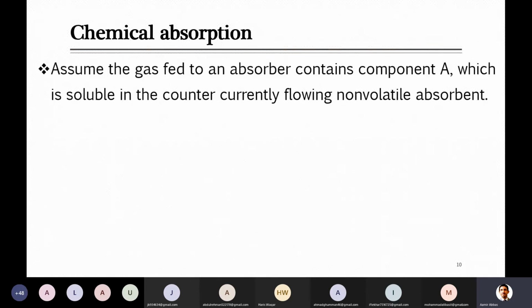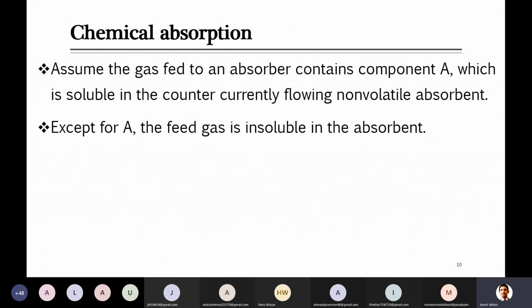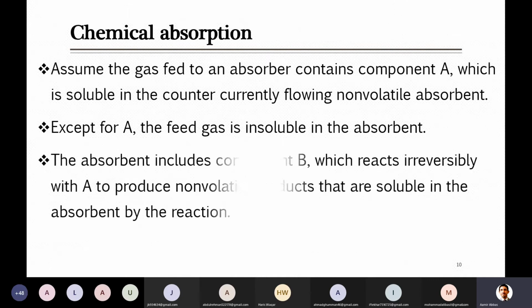Let's assume that the gas contains one component A which you want to react, which is soluble in the water and can react with some of the species. So we consider that except A, nothing in the gas is soluble inside the absorbent, and it is not going to react with anything.